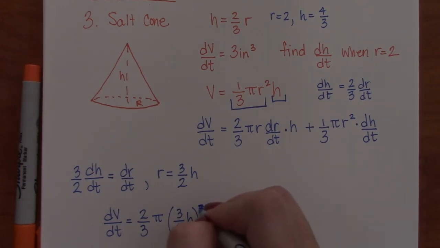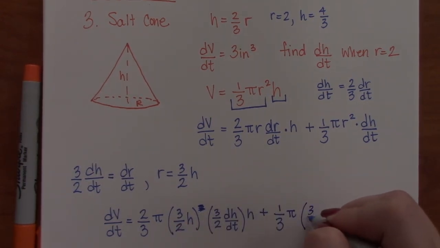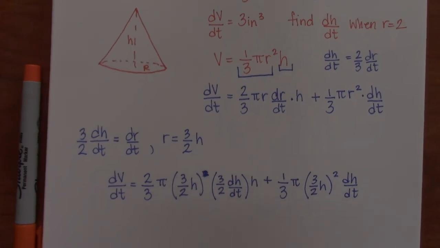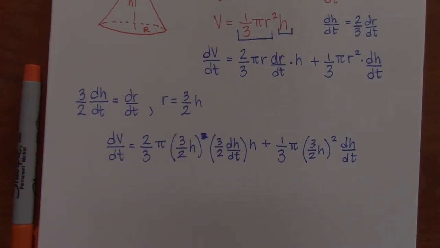Oh, this r shouldn't be squared, but it should be squared here. And so this actually simplifies quite nicely.